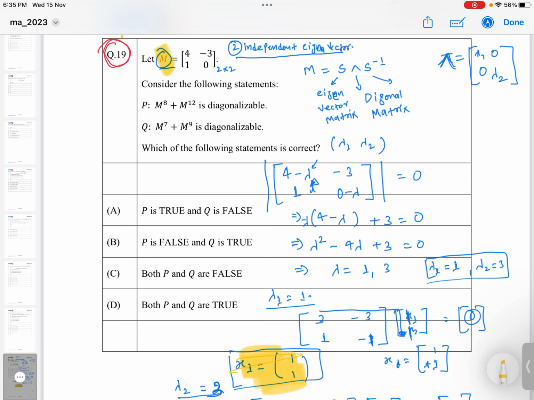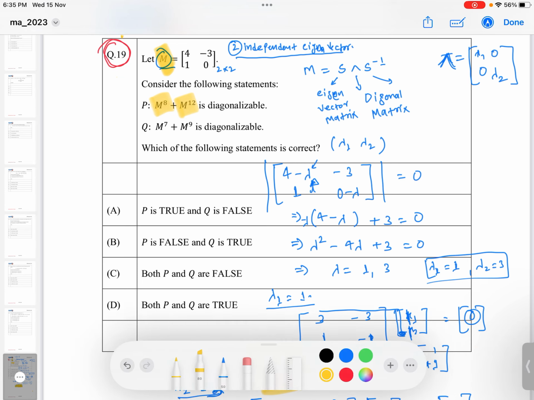Now the question is, is M to the power 8 or M to the power 12 diagonalizable? If so, how can we say that it is diagonalizable or not?